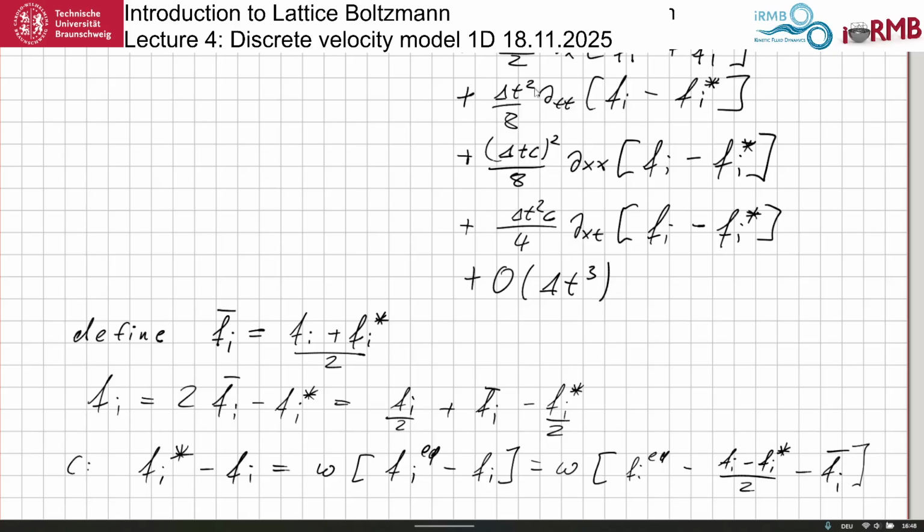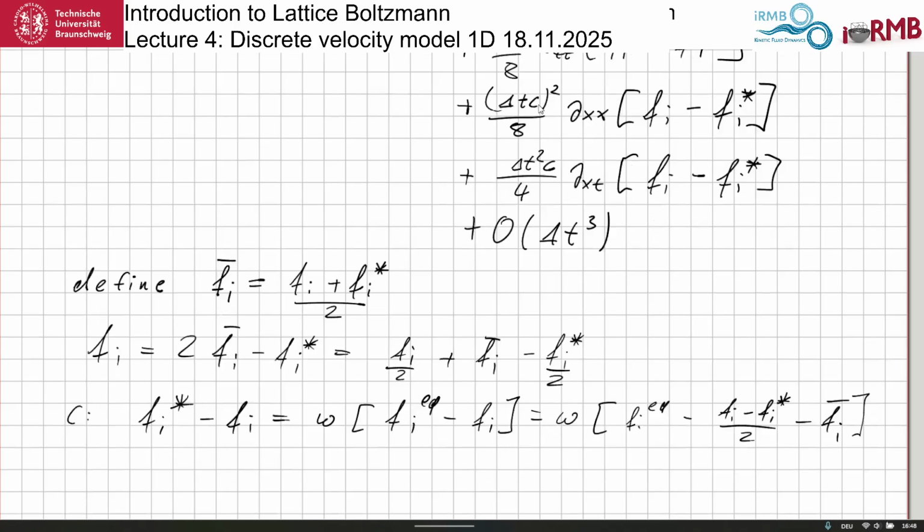We are doing this because we have this thing here and we have this thing here. So now the next step is to bring this to the other side. So we have fi asterisk minus fi. So we have 1 from what is on the left-hand side.